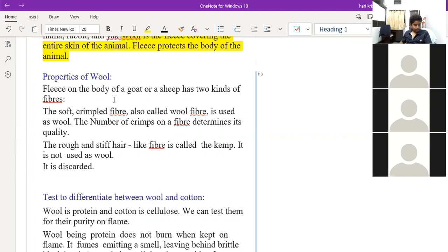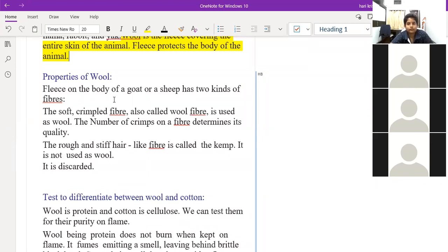That's correct, because cellulose is a plant product, not an animal product. Plant fibers like jute, hemp and cotton are cellulose, but animal fiber is made up of only proteins.